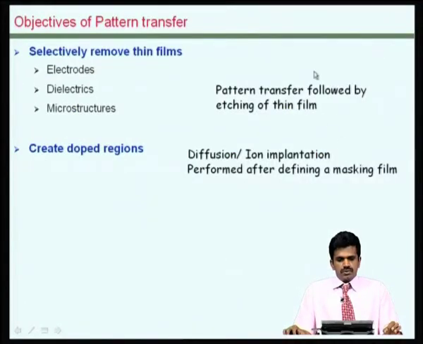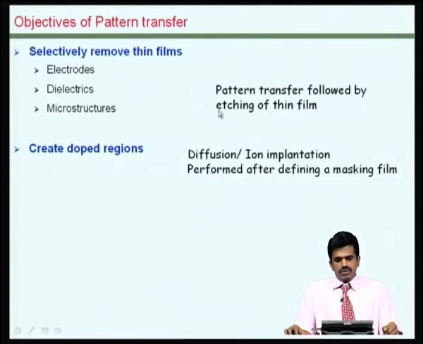To selectively remove these thin films to form electrodes, dielectric layers or insulating layers or microstructures, we need to transfer a pattern or create a pattern on the film on the surface of the wafer.